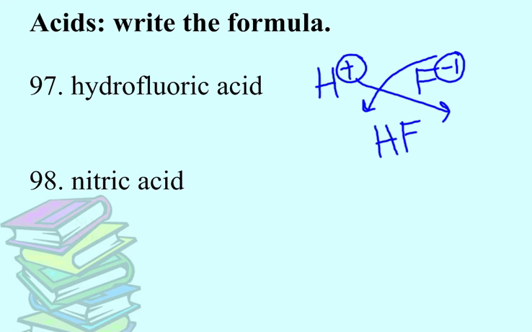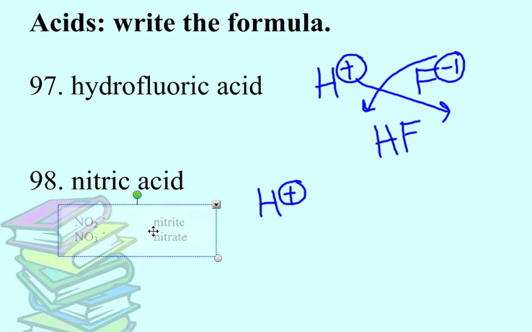Okay. For nitric acid, well, there's no hydro in the name of this acid, so I know it has to be a polyatomic ion that's mixed with hydrogen. So I always have hydrogen as the cation portion. The anion portion is going to have to be some sort of polyatomic ion. We have two options. It's either going to be nitrite or nitrate. Well, remember, what I ate was icky.